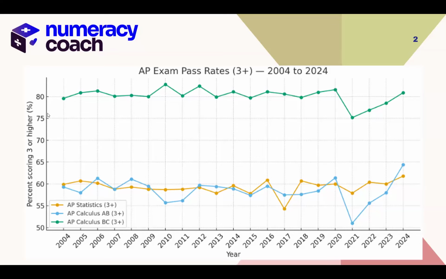So the BC rate, obviously, you can kind of see, one of the reasons could be that students who are taking the BC exam already have a solid foundation in math, and they're typically more motivated. So that could bring that rate higher. But we're really focused on the Stats exam and what makes that hard.